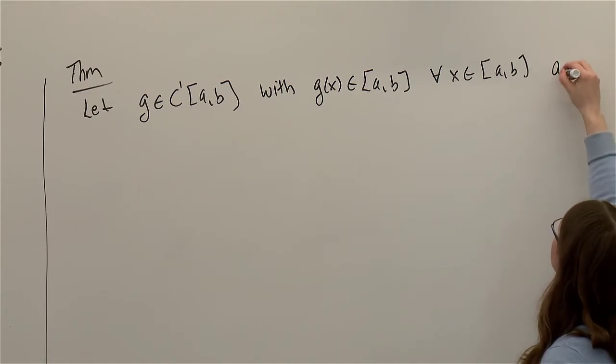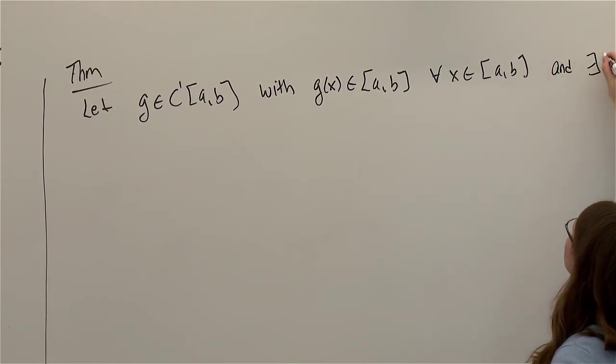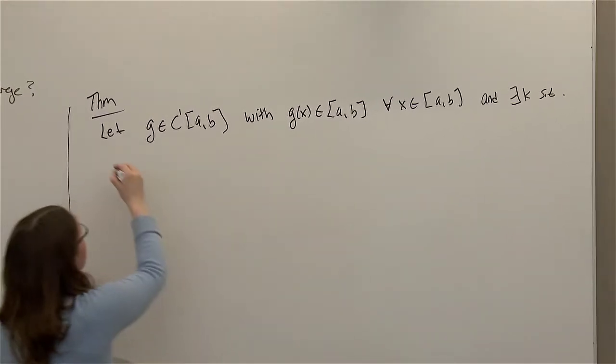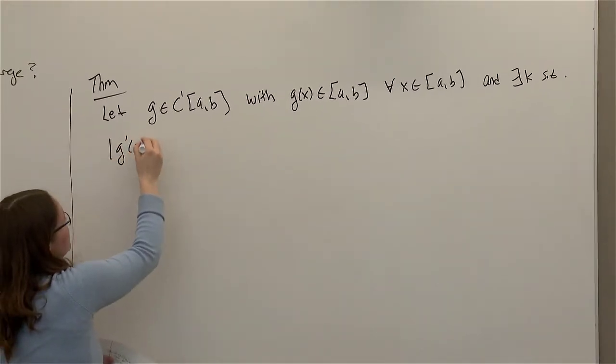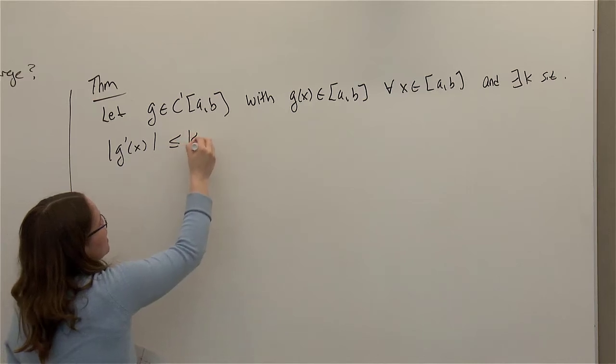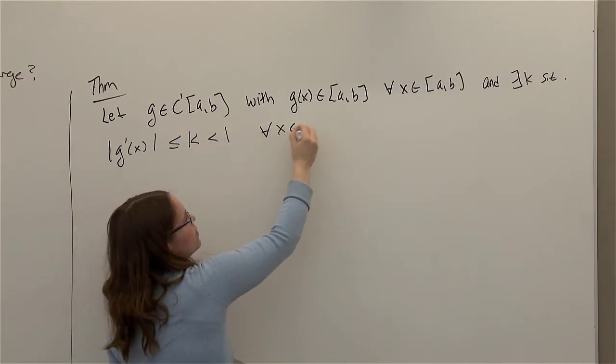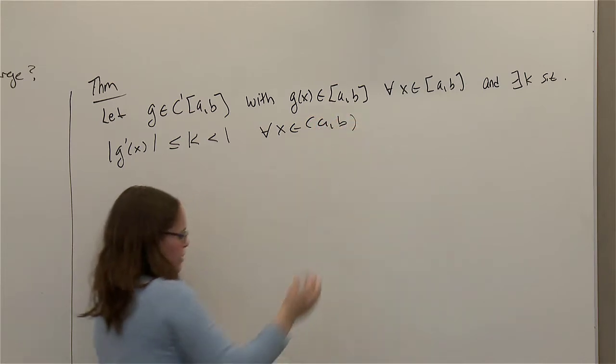Okay, and again, there exists a constant k such that the absolute value of g prime of x is always less than or equal to k, which is less than 1, also on this same interval that we care about.